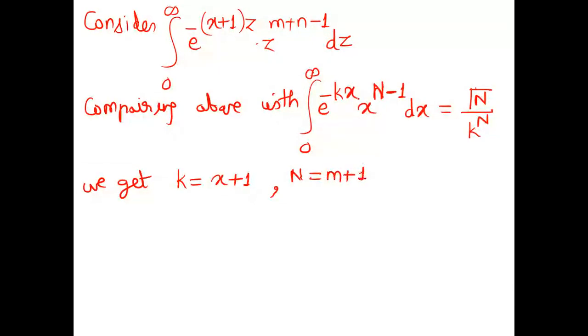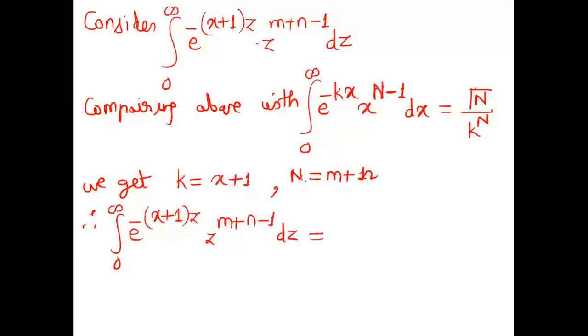So we will just compare this with this result, and we get directly the value of this integral. Therefore, integral 0 to infinity of e raised to power minus x plus 1 times z, z raised to power m plus n minus 1, is equal to gamma of m plus n upon x plus 1 raised to power m plus n.